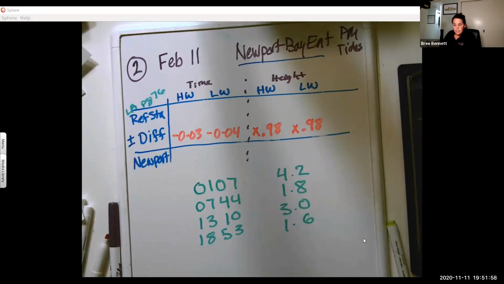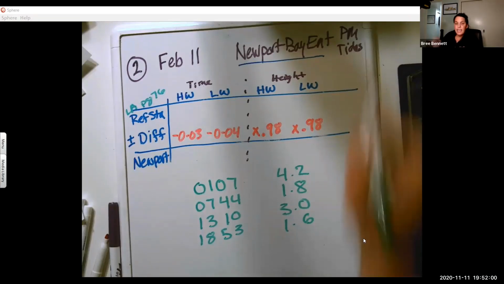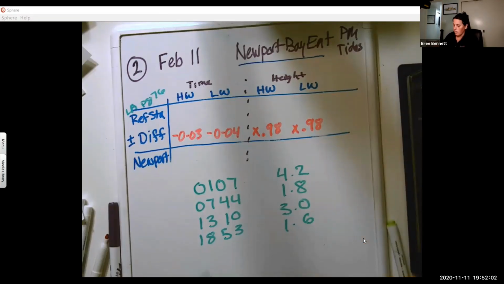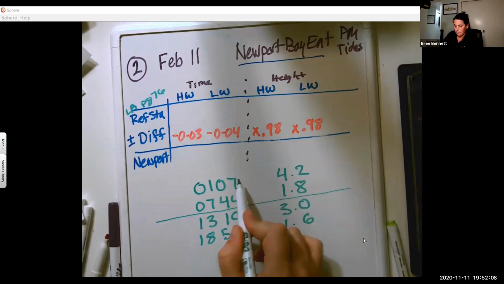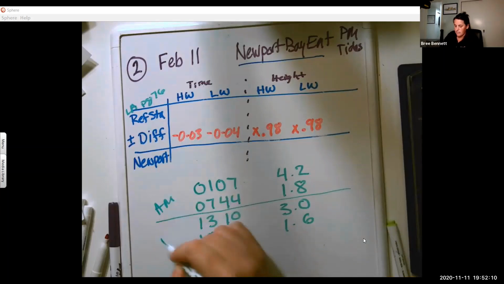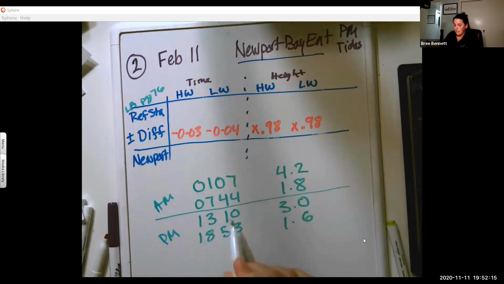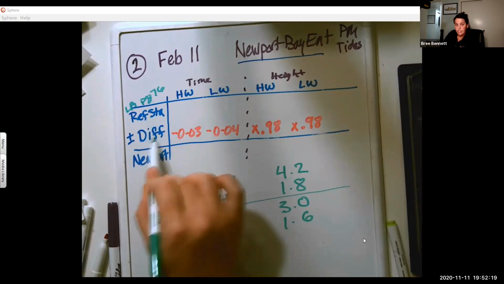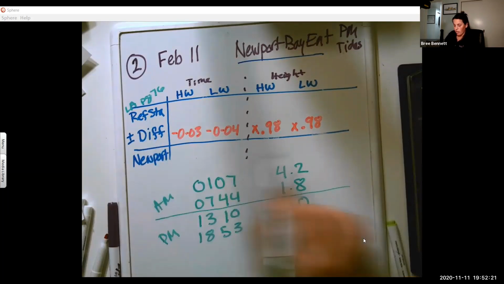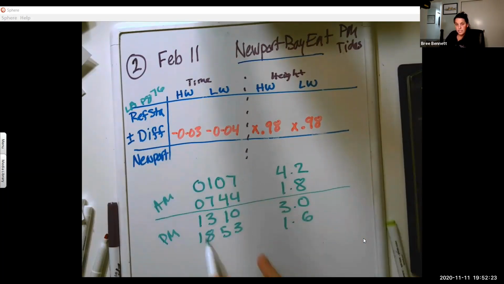So it's asking me, what are my PM tides? So I'm going to be looking at my PM tides. These are in AM, and these are in PM. So I'm going to be applying my corrections from my reference station, applying my differences to get what's happening at Newport to these PM tides.